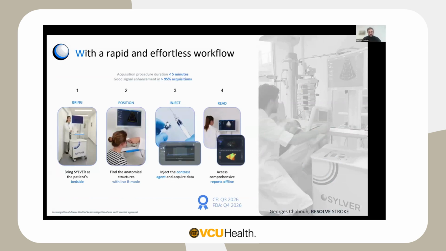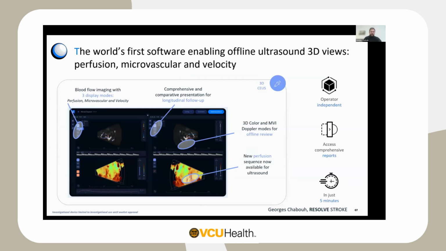So the workflow looks like this. You bring the ultrasound, our silver platform, next to the patient. You find an anatomical structure with our high resolution B mode. Then you administer the microbubbles. And then in only 5 minutes, you can get on both sides a comprehensive report offline. Everything is in the software.